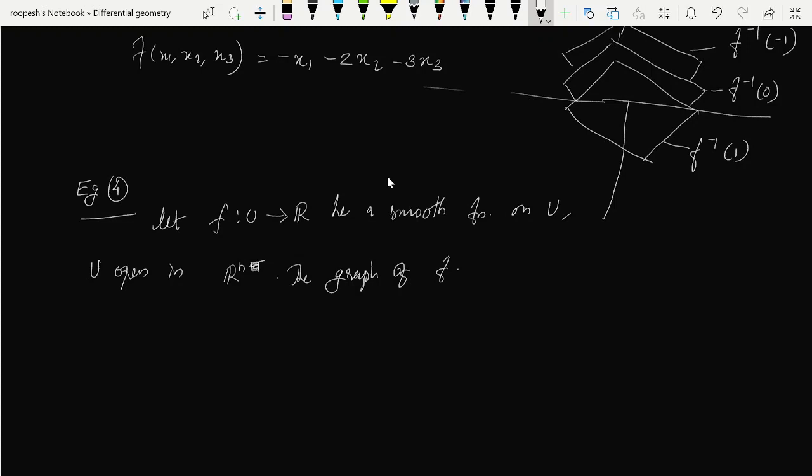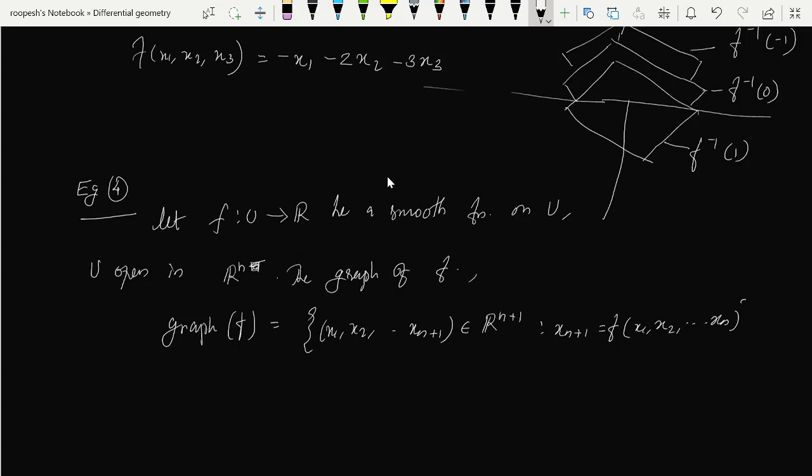So the graph of f should be equal to the set of all x1, x2, etc., xn plus 1, which belongs to Rn plus 1, such that xn plus 1 is equal to f of x1, x2, etc., xn. Right? So this is the idea of a graph.